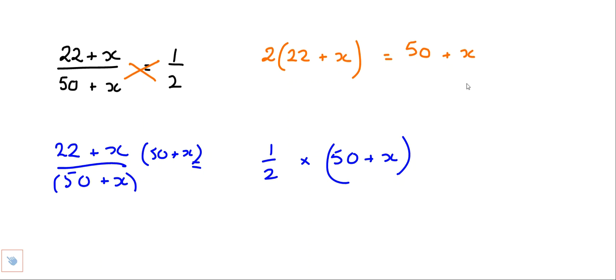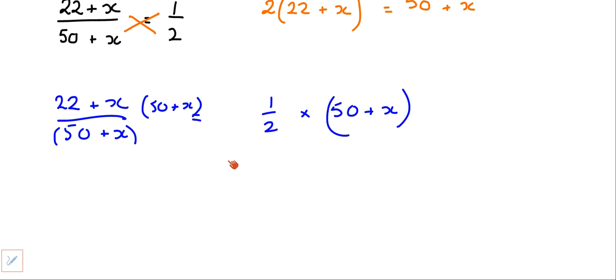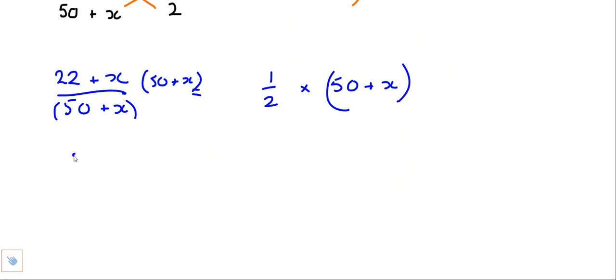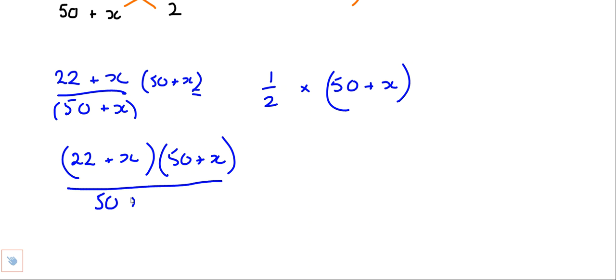So what I then end up with is 22 plus x times 50 plus x, all over 50 plus x, and that equals a half times 50 plus x. Are you okay with that at the moment?